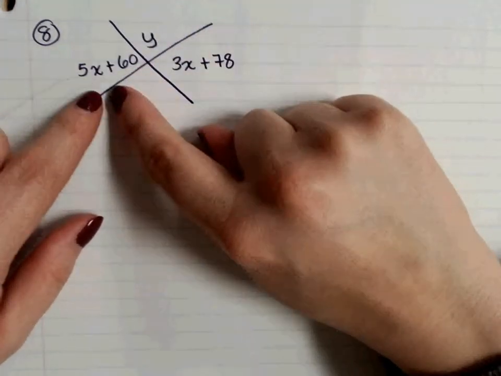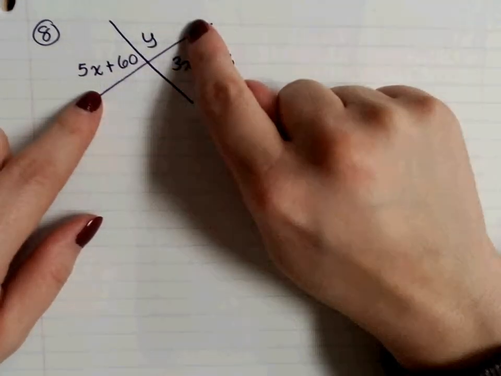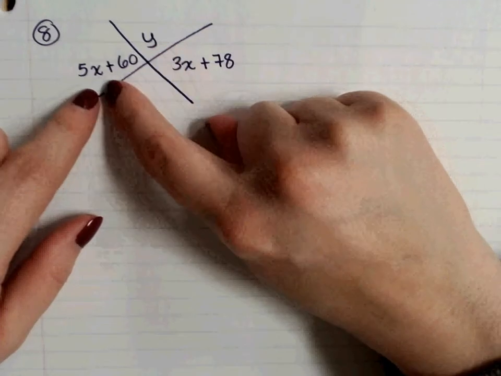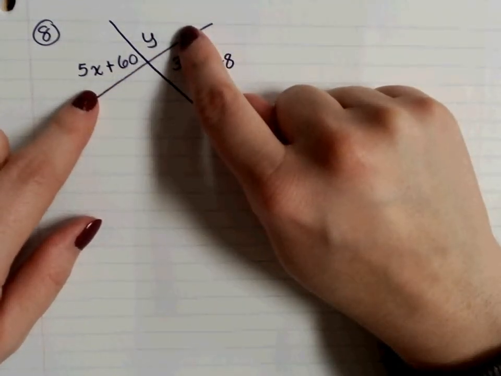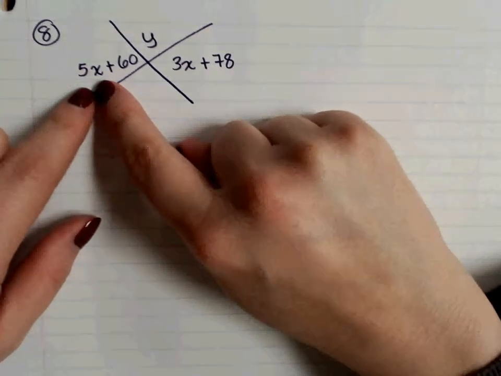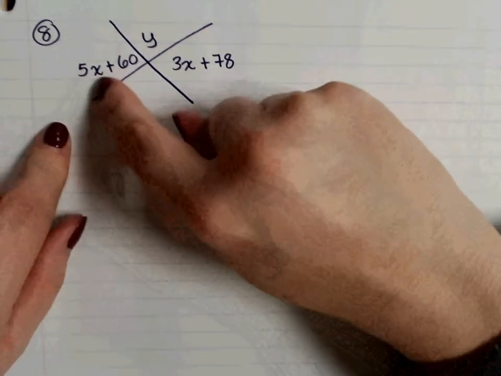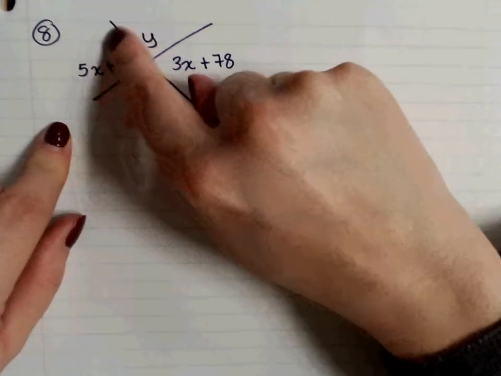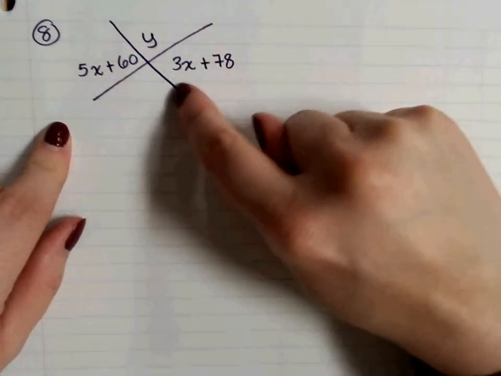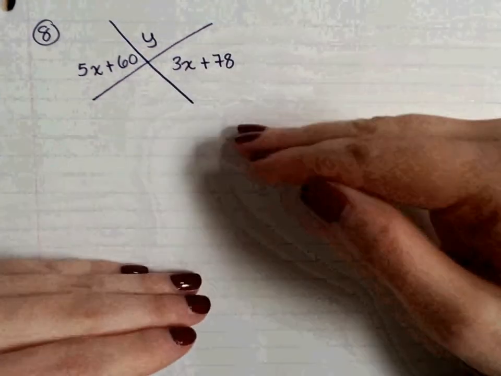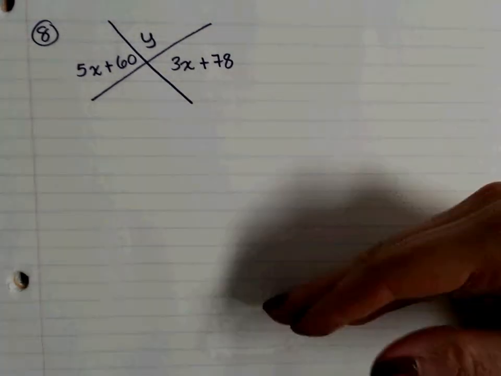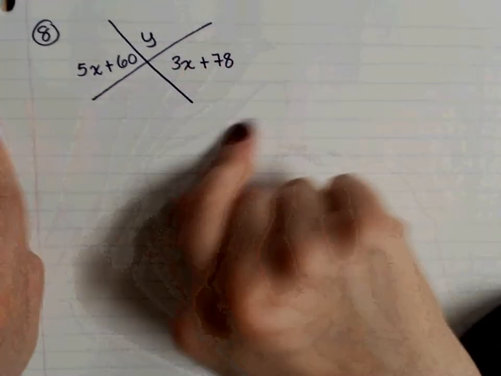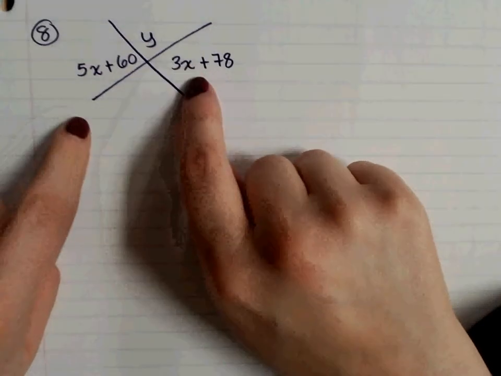However, the supplementary relationship it has is with something that's got a variable that's not itself. It's got a supplementary relationship with x that's unknown. So you can't really solve for y first because you don't know what x is yet. So you have no idea what this measurement is going to be or what this measurement is going to be. So you actually have to solve for x first so that you can then solve for y.